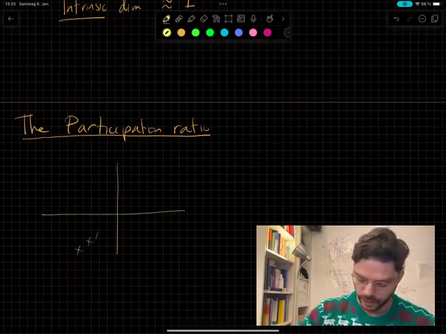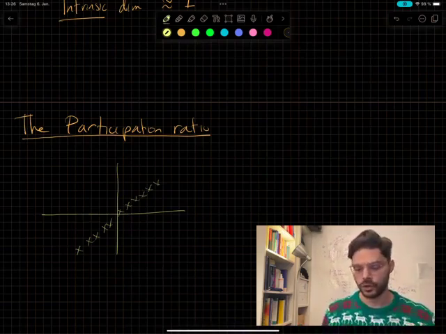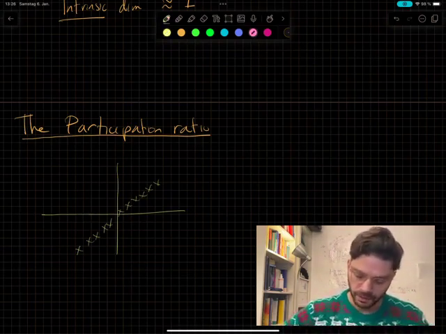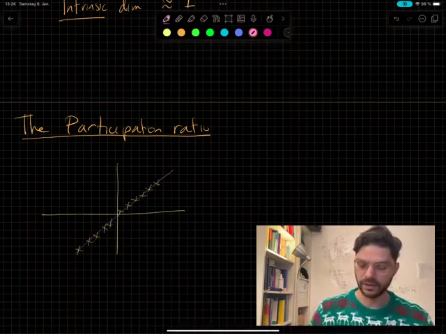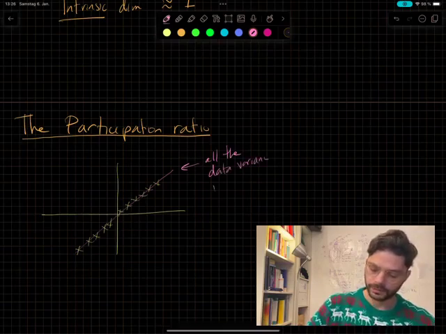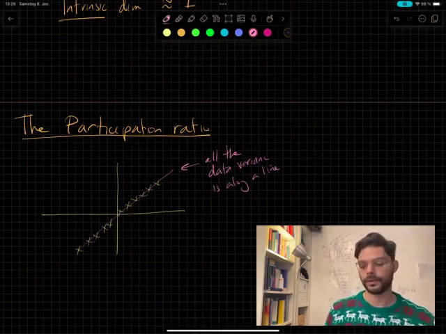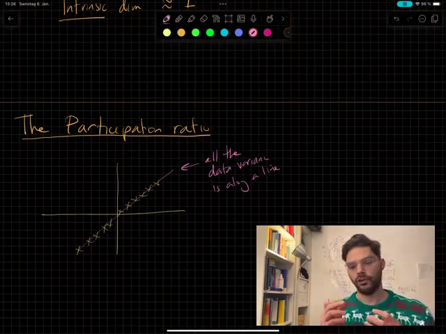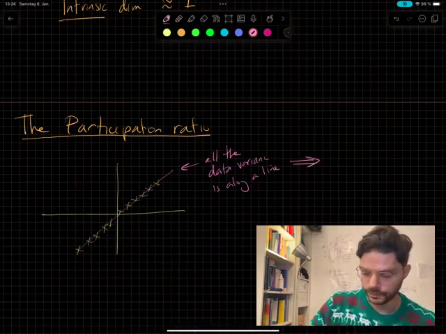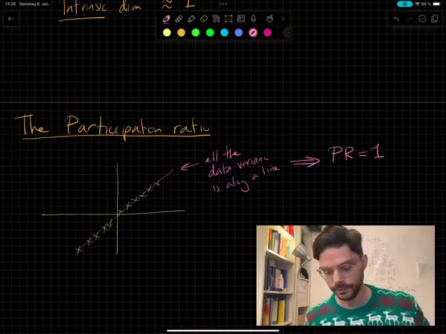So for example, going back to our data set with the points along the line, the participation ratio makes the observation that all the data variance is along a line, and uses that to say the dimensionality is 1.